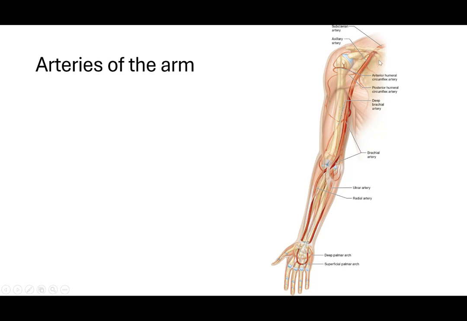and then it becomes the axillary artery. And it's the axillary artery because it's in the axillary region, which is really just kind of your armpit. Okay. And so right about here, it becomes the brachial artery. Okay.